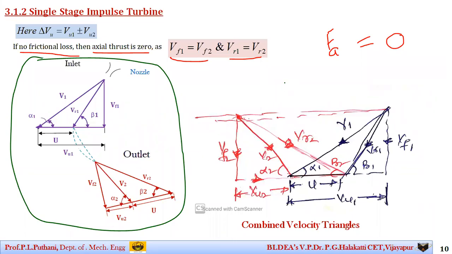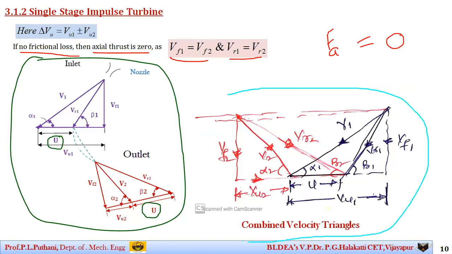If I combine the inlet and outlet velocity triangles, as we have a common tangential speed u for both, we get new combined velocity triangles with a common tangential speed u.